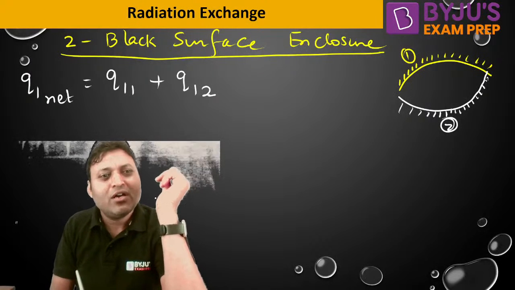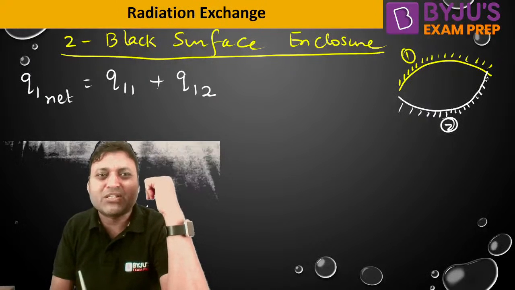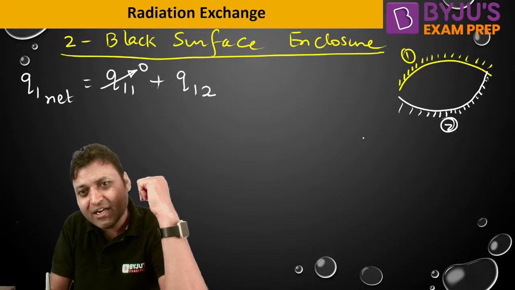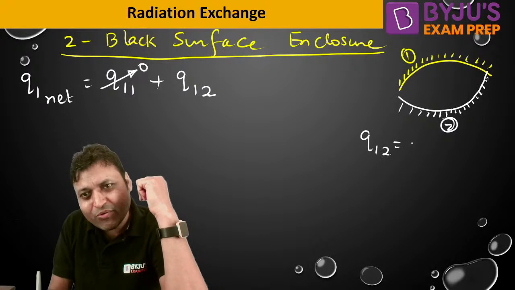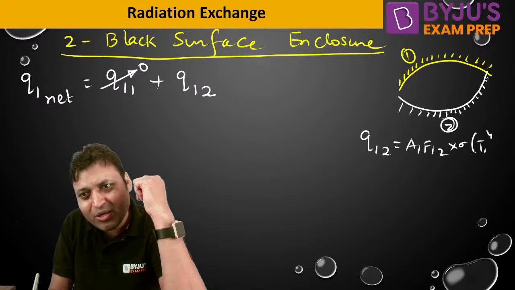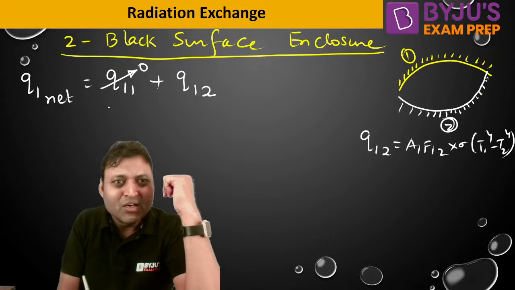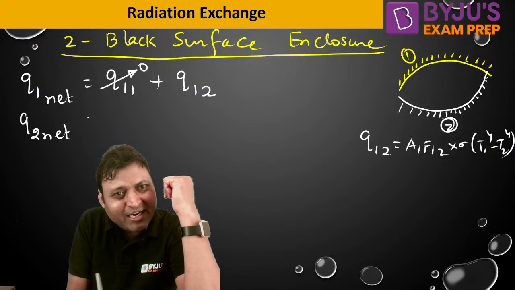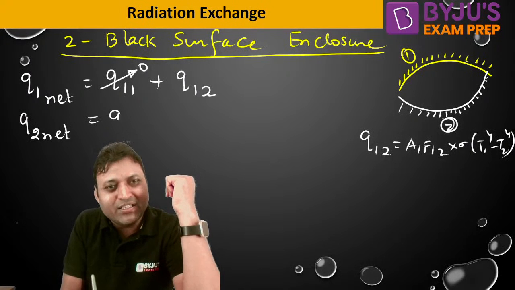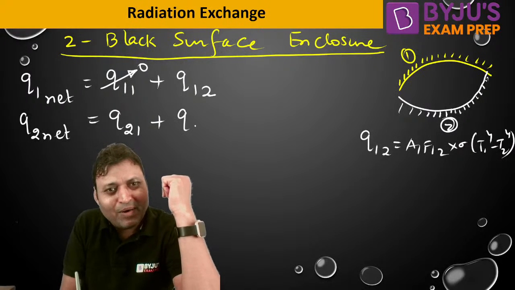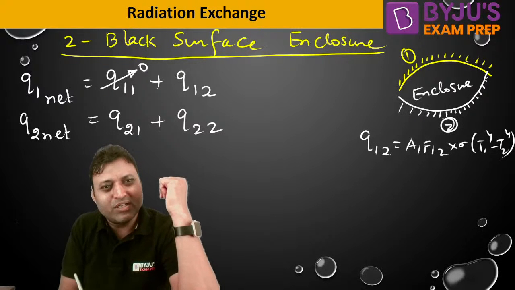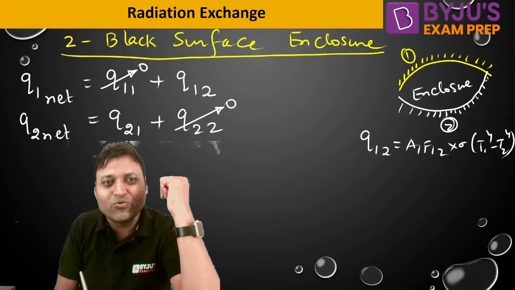Can we write Q1 net is equal to Q121 plus Q122, and Q121 will be equal to 0 because temperature is constant. As we know, Q122 is equal to A1 F122 into sigma into T1 to the power 4 minus T2 to the power 4. Similarly, Q2 net can be written as Q221 plus Q222 for an enclosure. Here Q222 will be equal to 0.